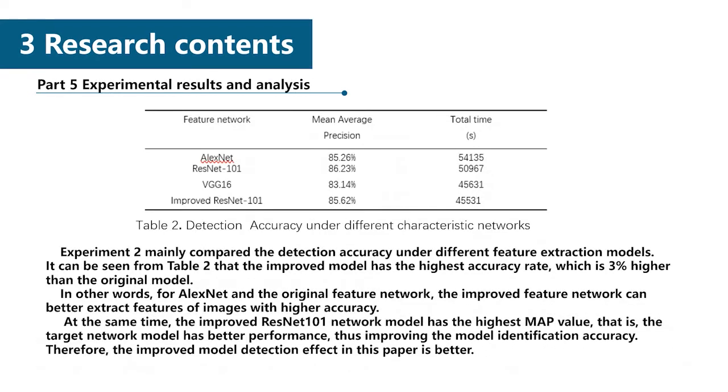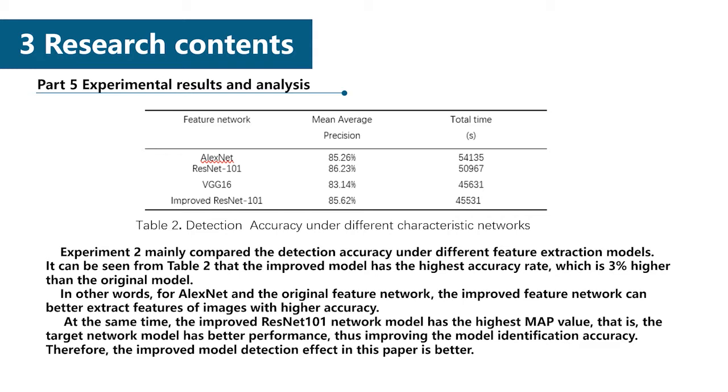Part 5. Experimental results and analysis. Experiment 2 mainly compared the detection accuracy under different feature extraction models. It can be seen from Table 2 that the improved model has the highest accuracy rate, which is 3 points higher than the original model.